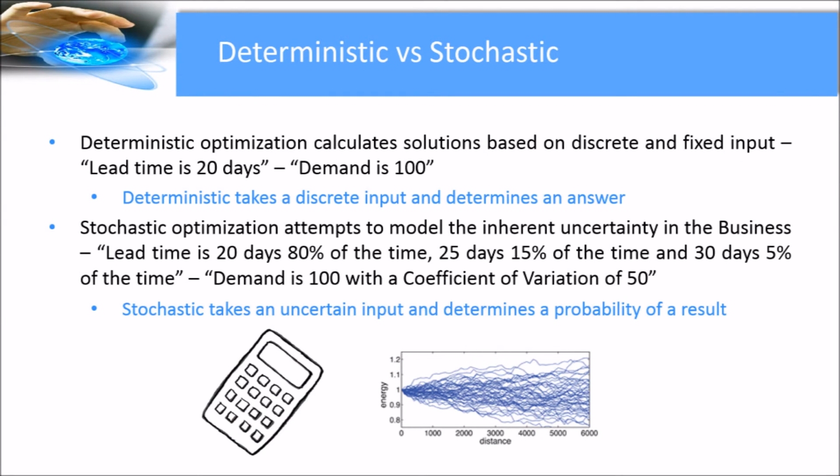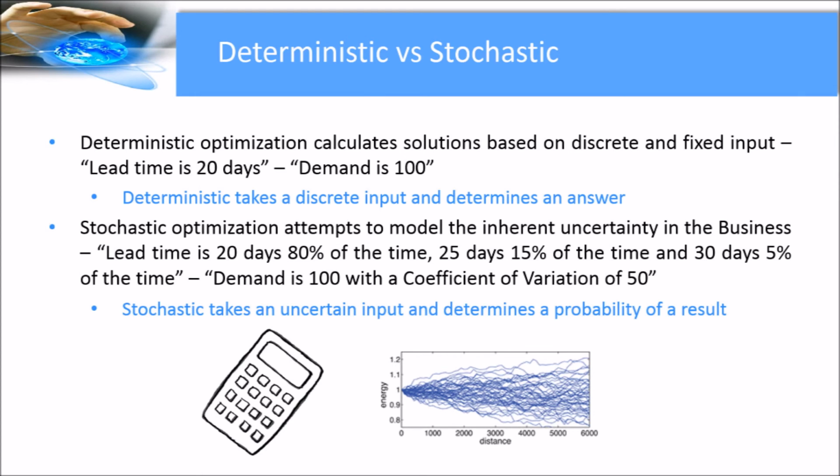One of the things you'll hear thrown about in the business world is deterministic problems versus stochastic problems. And how does this apply to optimization? Well, deterministic and stochastic, they're different ways of looking at a problem. Deterministic is like a calculator. It's using set numbers as an input to determine discrete answers, like how many screws does this plate assembly need?